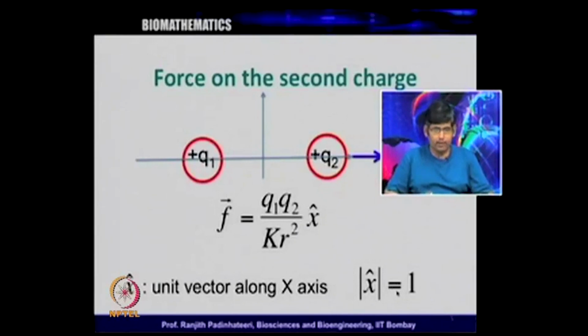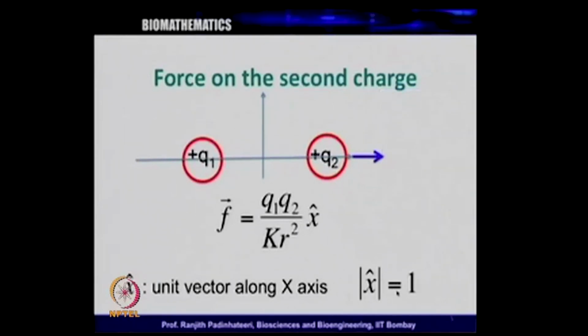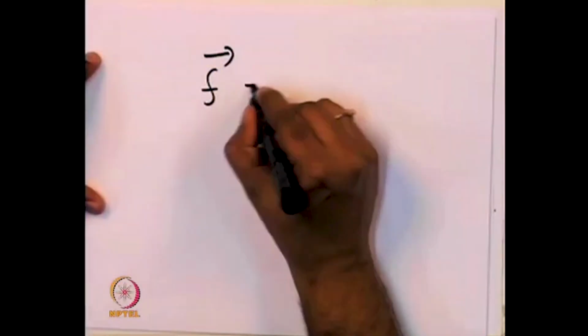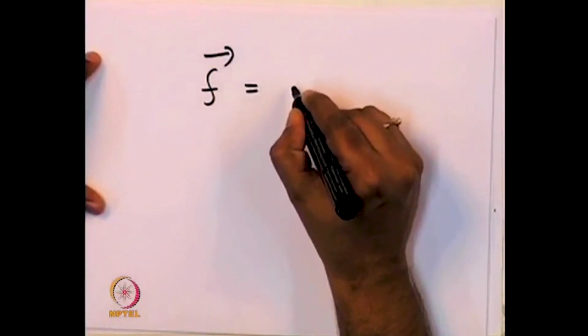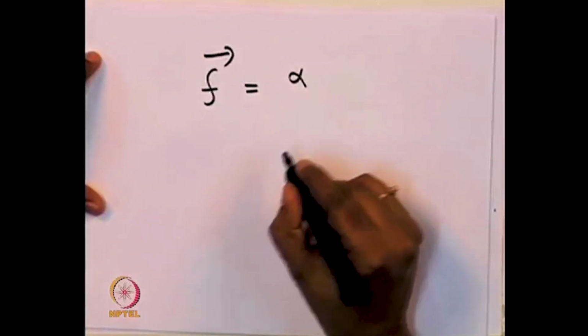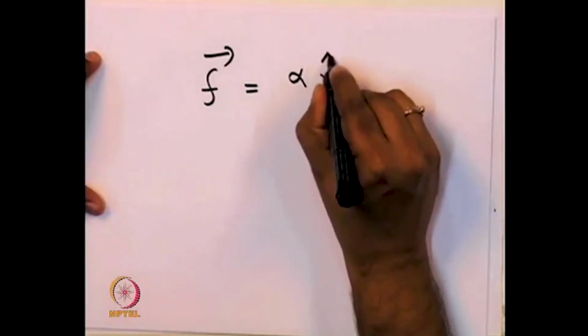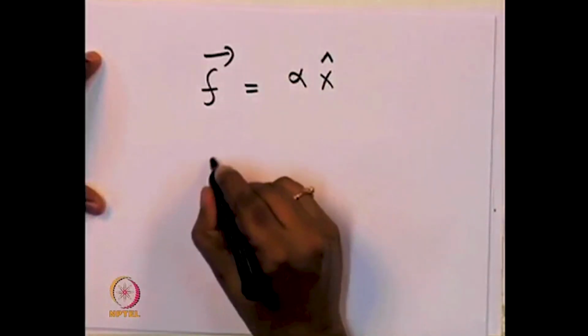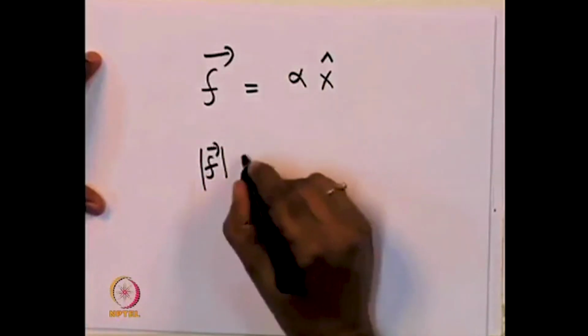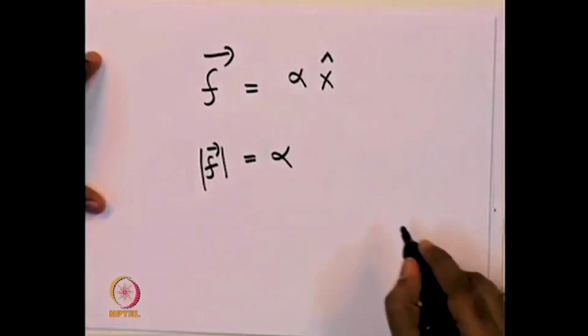Any vector that we represent will have a magnitude and a direction. Have a look at this here. The vector F will have some magnitude, let me call it alpha, and some direction. The mod of F will give you the magnitude alpha.